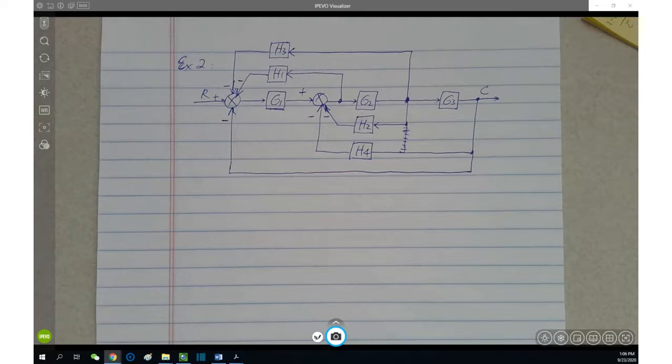Is there anything like that in this example that we can combine in the first place, before anything else? Do you see any? Can anyone see basic ones here?